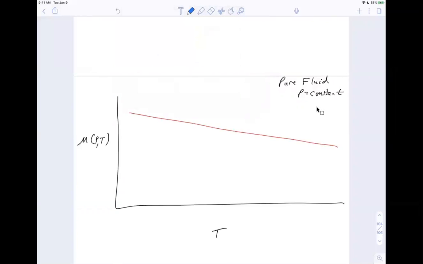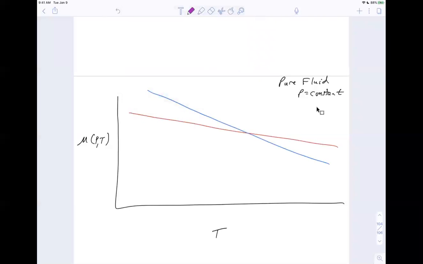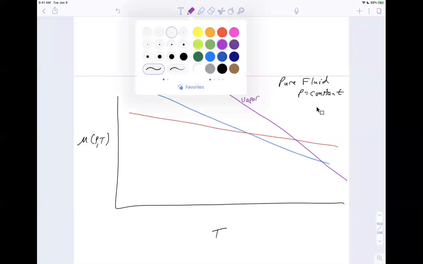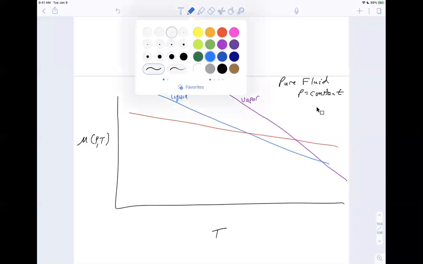And then let's say we have water, and then finally we have our gas. So this is our vapor, this is our liquid, and this is our solid.